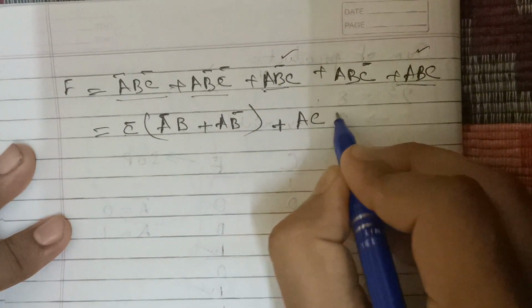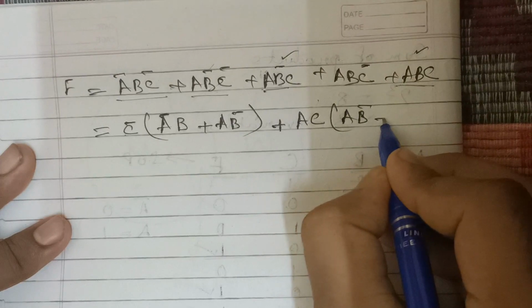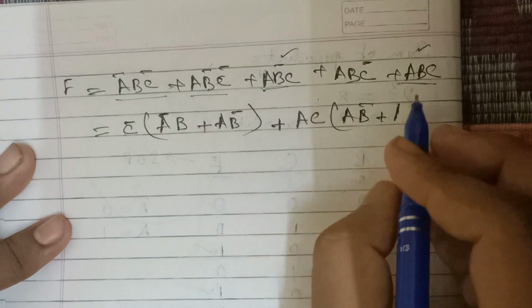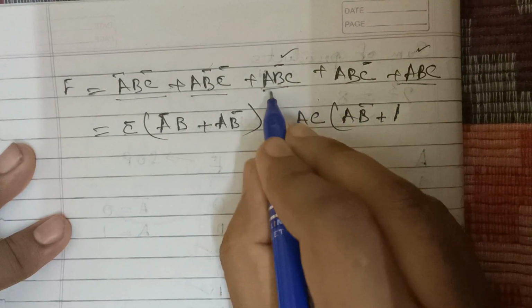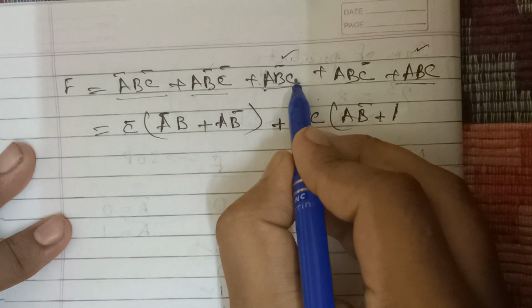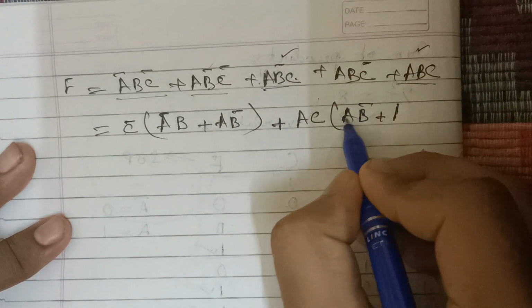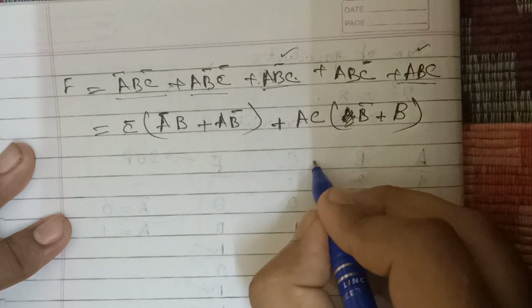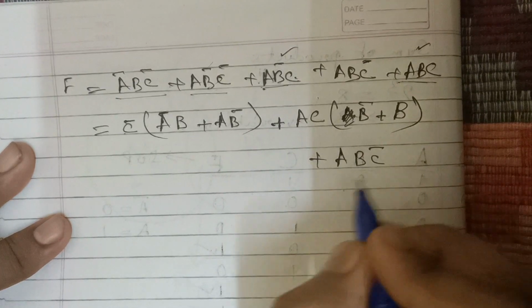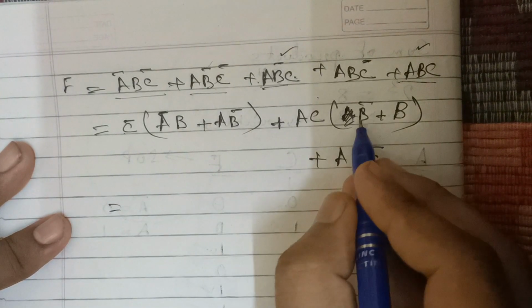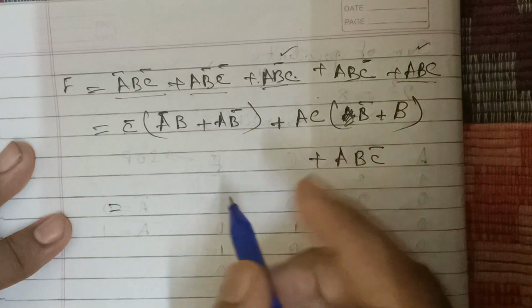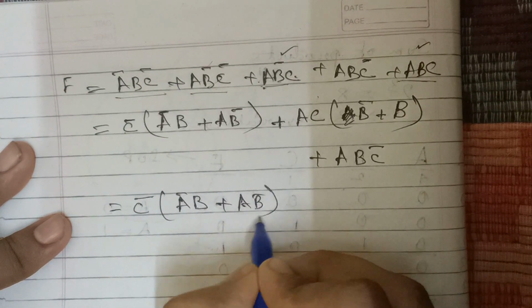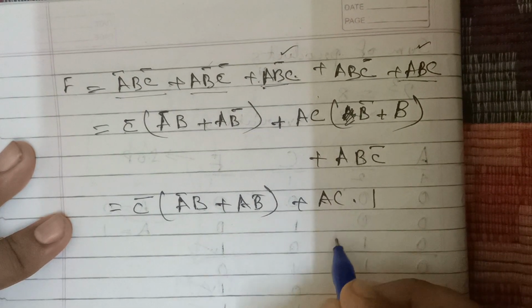AC(B bar plus B), and the remaining is A B C bar. We already know that B bar plus B is 1.